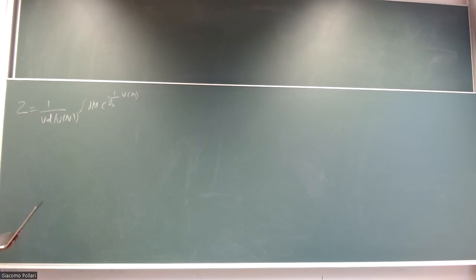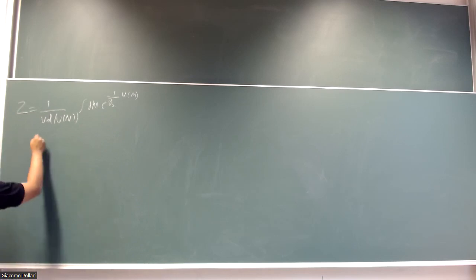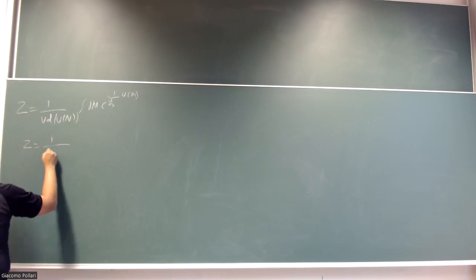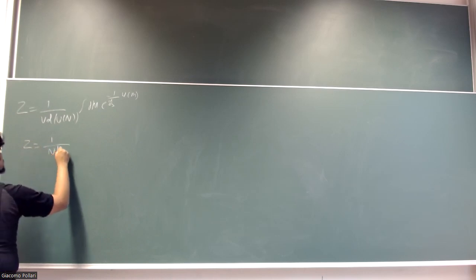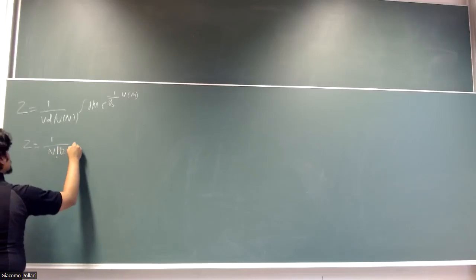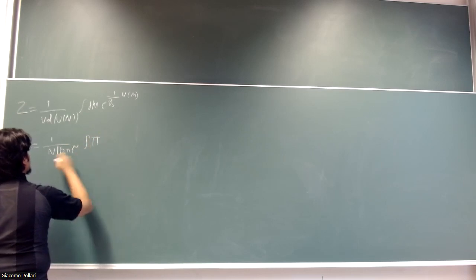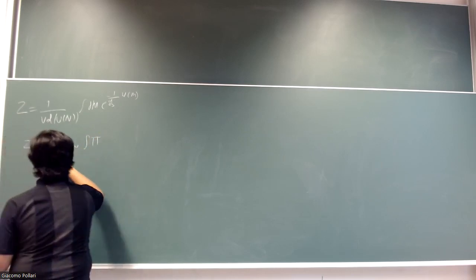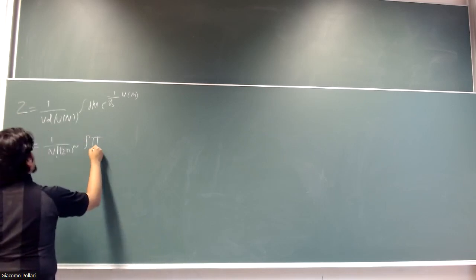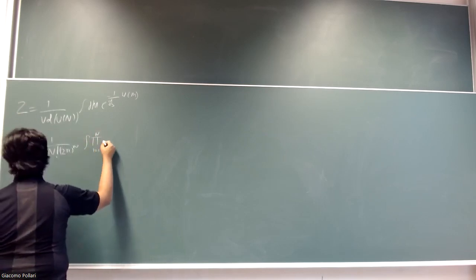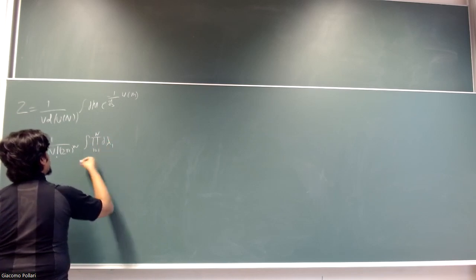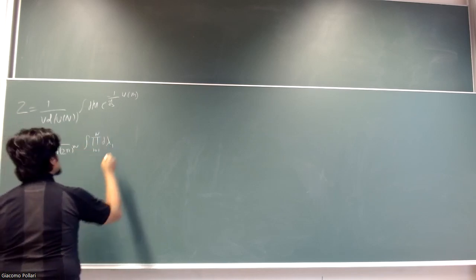Then we got this particular form for the partition function, where this we'll take care of later, and then we can try to regularize it. After diagonalization, the variables are the eigenvalues.